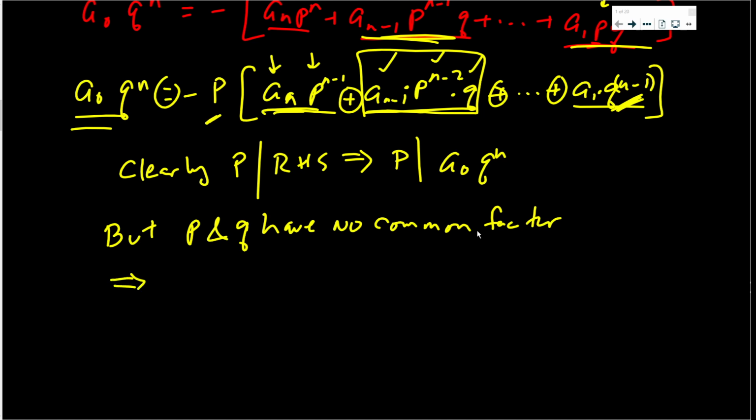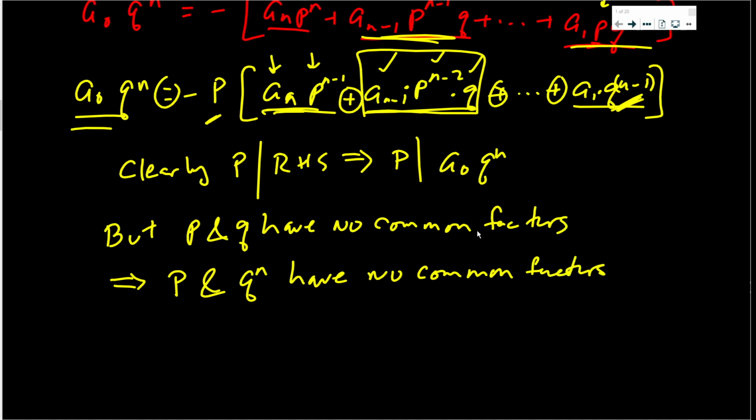But that implies that p and q to the n have no common factors. Now, this basically says that p divides evenly into a0 q to the n.